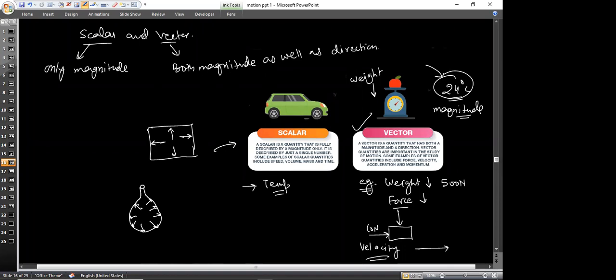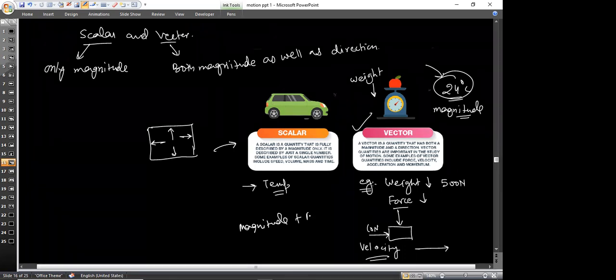There is no specified direction, so pressure is also not considered a vector quantity. So it is simple: a vector quantity should have magnitude plus direction plus follow the law of parallelogram addition.